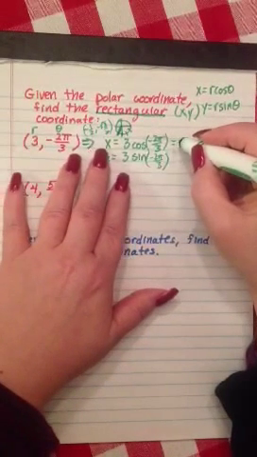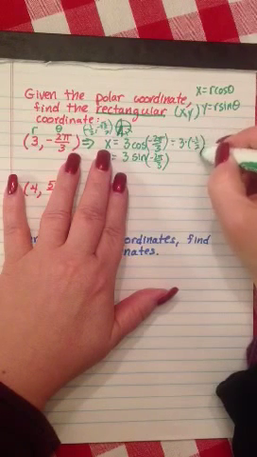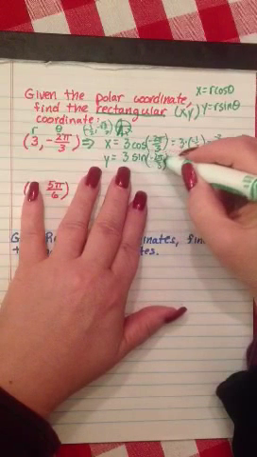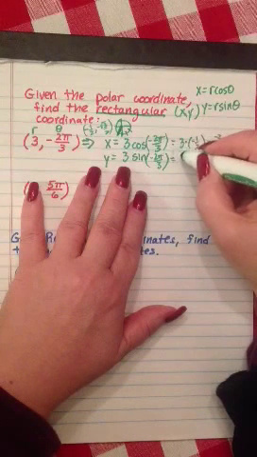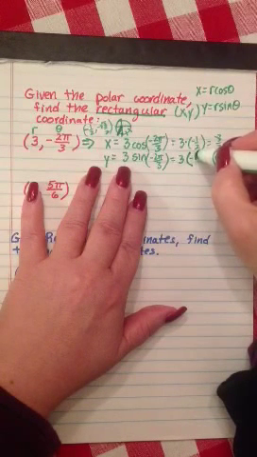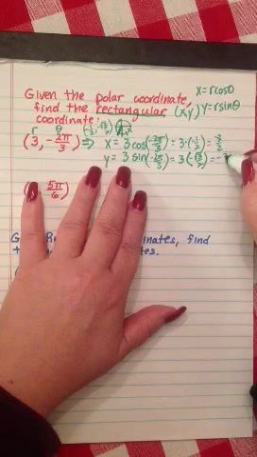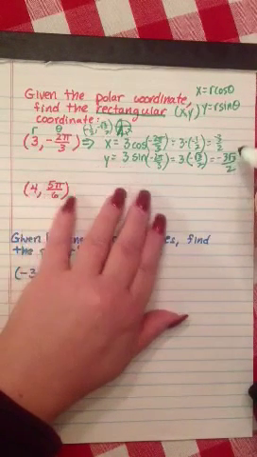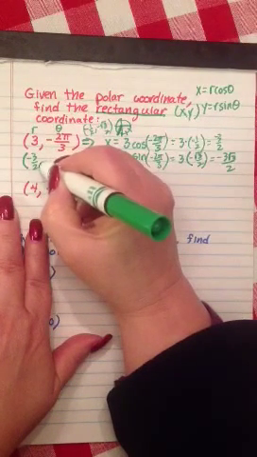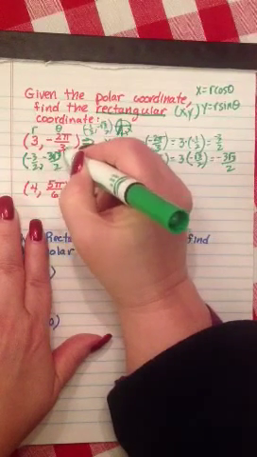So for x, it would be 3 times negative 1/2, or negative 3/2, and 3 times the sine of negative 2 pi over 3 would be 3 times negative square root of 3 over 2, which would be negative 3 root 3 over 2. So they're going to write the answer as negative 3/2 and negative 3 root 3 over 2.